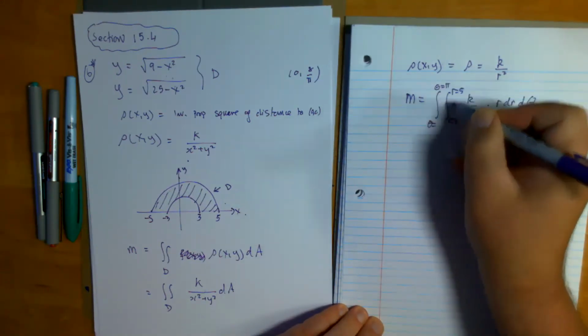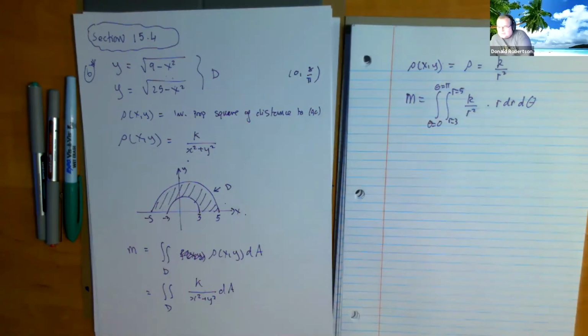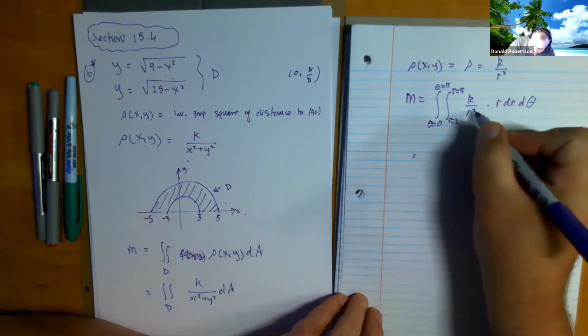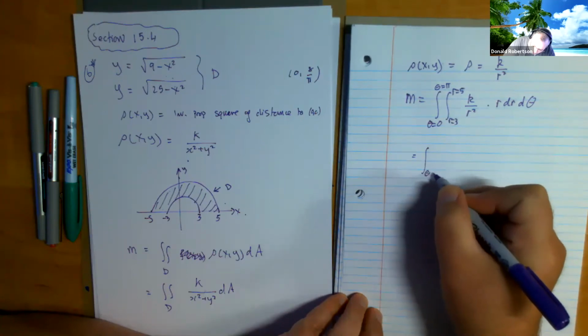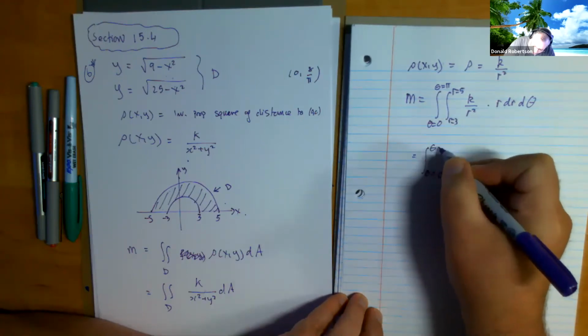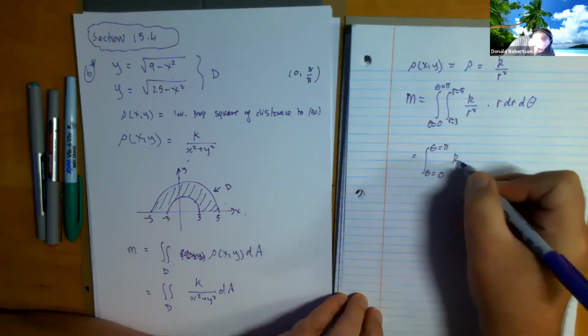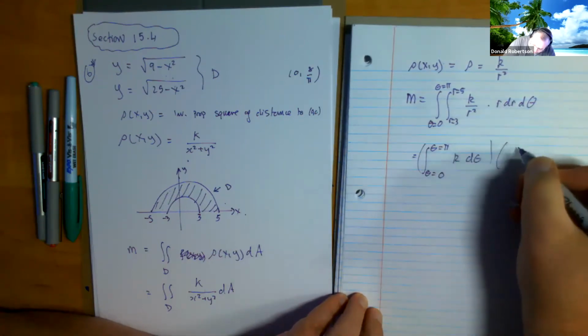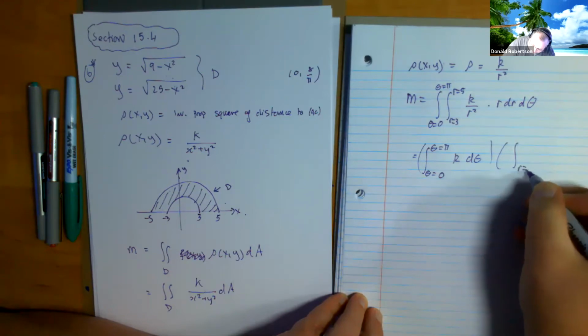Agreed. If it was an entire donut, wouldn't it be just 0 to 2 pi? So we basically set this up. This is variable separable, which just means I'll give this one the k, and these partially cancel.